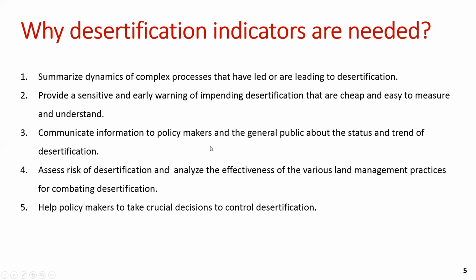Another very important thing about the indicators is, as we look at the example, how can we judge if a land is desertified or not? Well, the indicators can help us know that. And by doing so, you would be able to tell the decision makers or policymakers about the situation of that particular land.